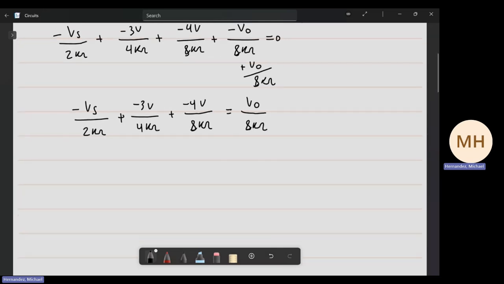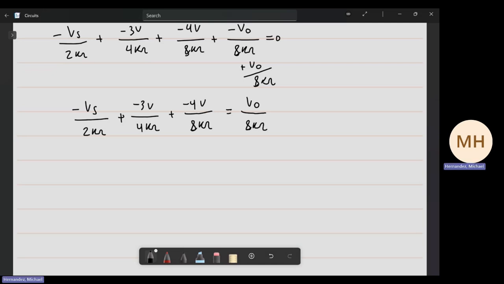All right. You could use a calculator to simplify this. I personally have a TI-Nspire CX CAS, and you could just plug this into your calculator and it could solve it. But if you don't have a calculator, you could just solve this with algebra.